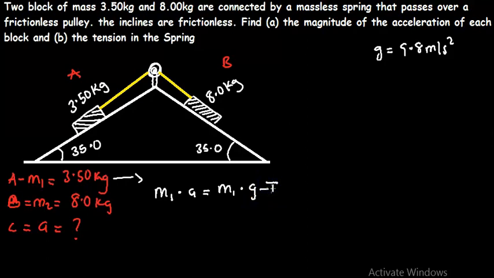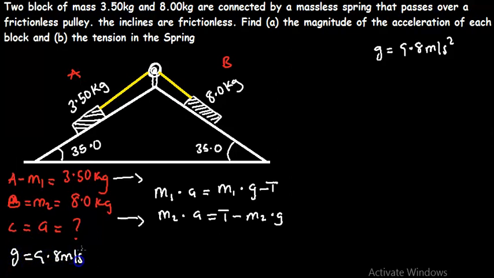For the second block, which is 8 kg, which is M2, this is going to be M2 multiplied by the acceleration, but in this case, this is simply going to be the tension minus M2 multiplied by the gravity. And the value for the gravity is given to be 9.8 meters per second squared.